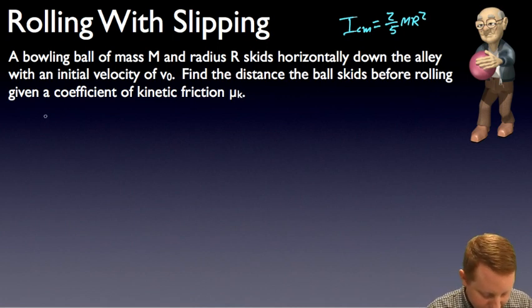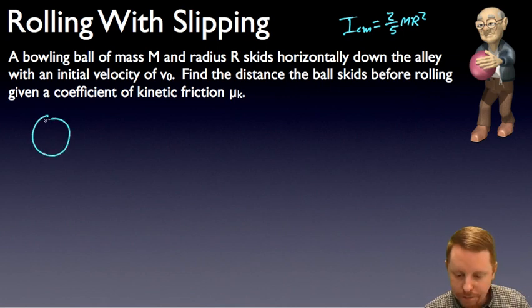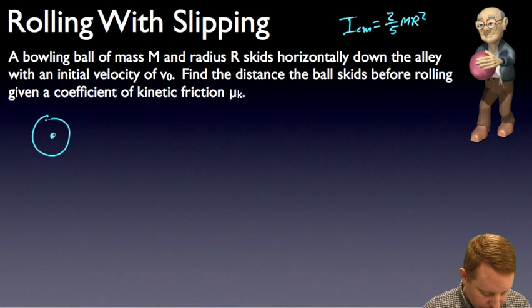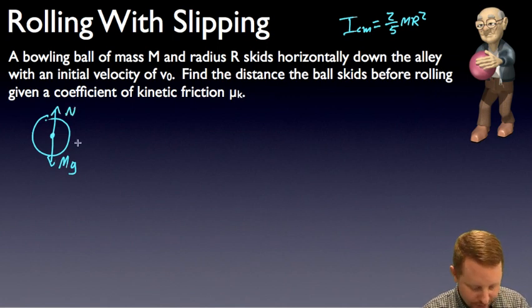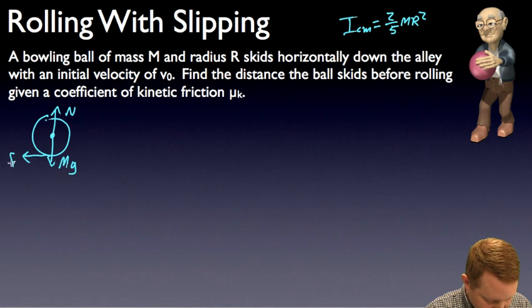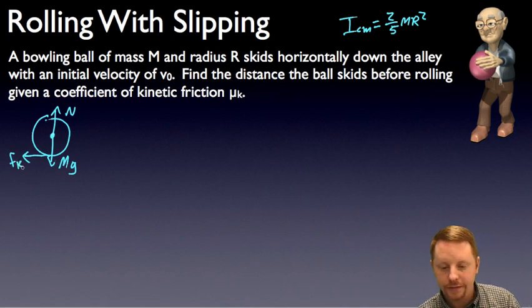Now let's take a look. Here's our bowling ball. Forces on it as it travels down the alley. We've got its weight, mg. We have the normal force, N. And at the point of contact, we have some frictional force, and this is kinetic friction, F sub k. So once again, I'm going to look at Newton's second law as a good starting point.